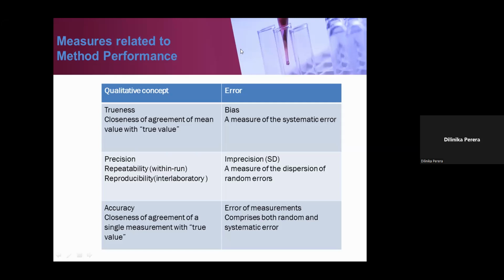Precision is the concept; it could be divided into repeatability and reproducibility, and the associated error with precision is the imprecision, which is a measurement of dispersion of random errors. Accuracy is the closeness of agreement of a single measurement with a true value, and the error measurement comprises both random and systematic error.